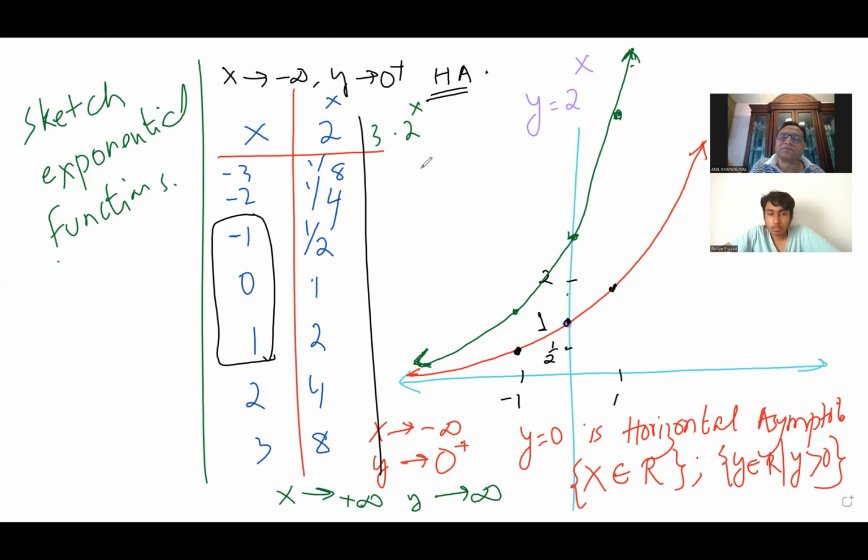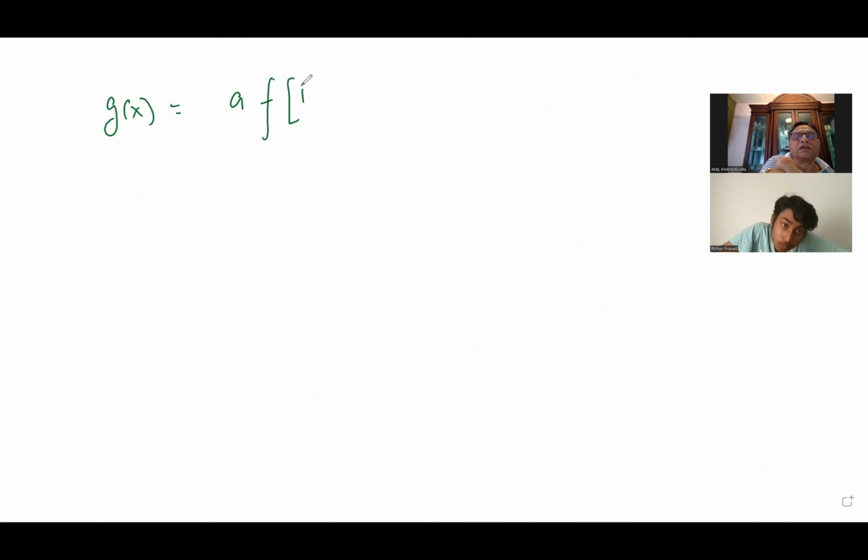Let me clear this. For transformations, last time we did the function g of x equals a times f of k(x minus p) plus q.